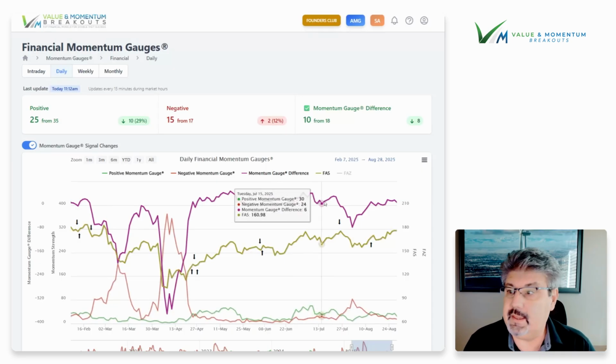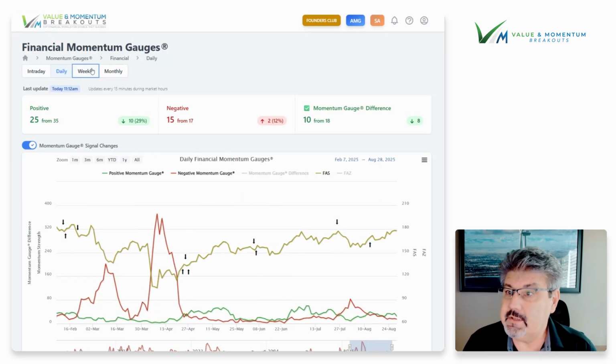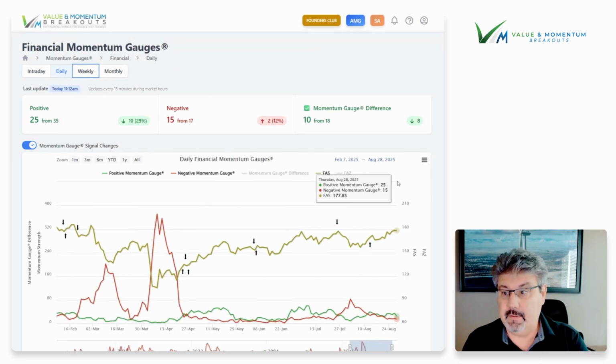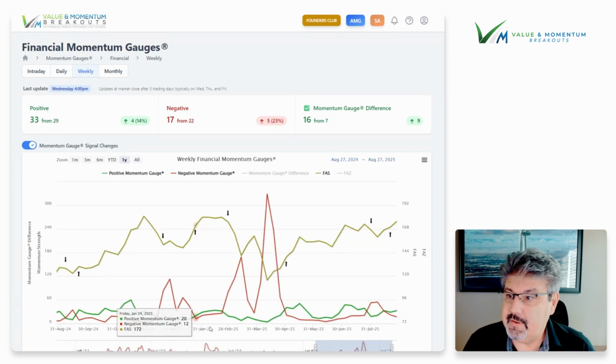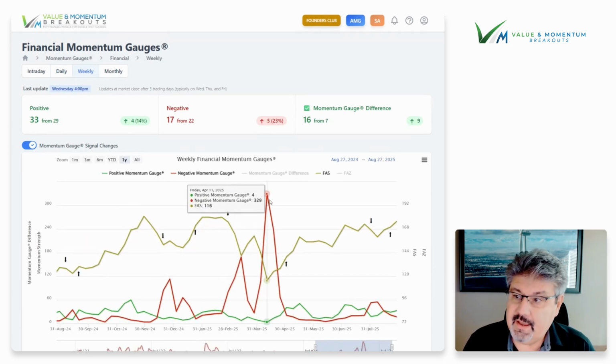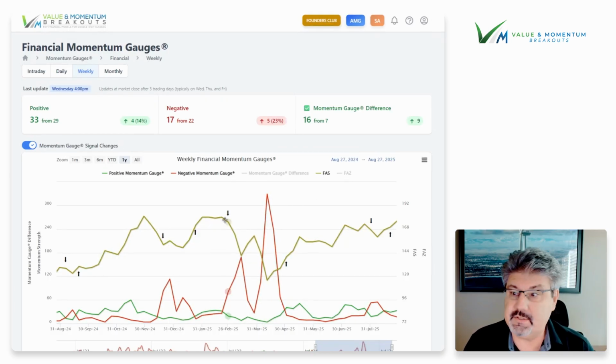Just another way to look at it. Let's go back out to the weekly level, and so when we scroll back, so here's a very, very high negative. Okay, this is a great time to be shorting financial stocks, and it's coming way down.